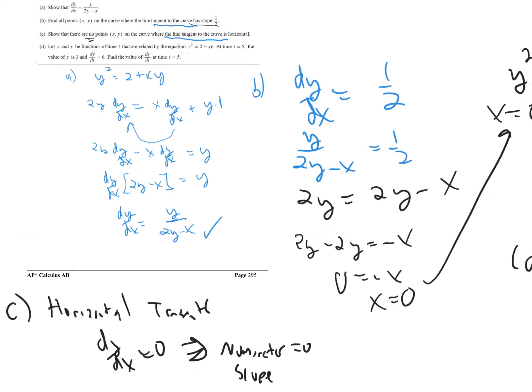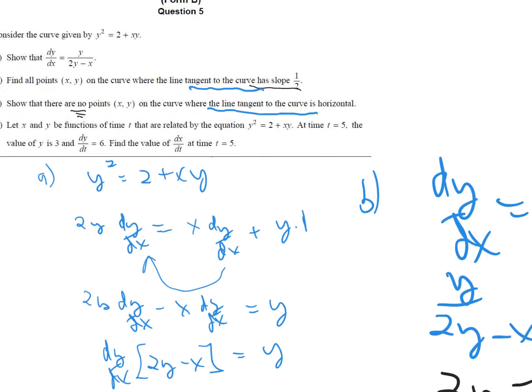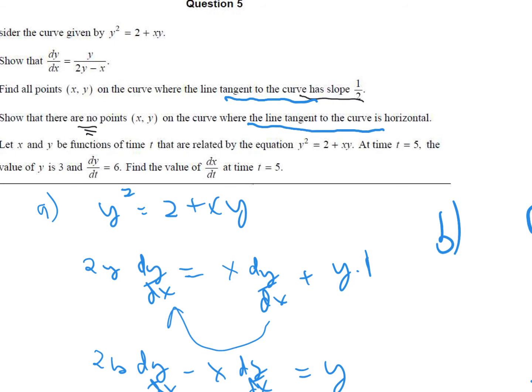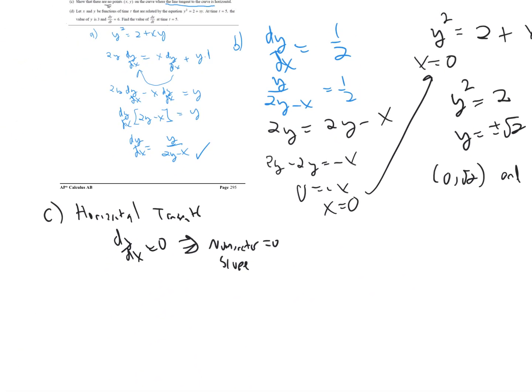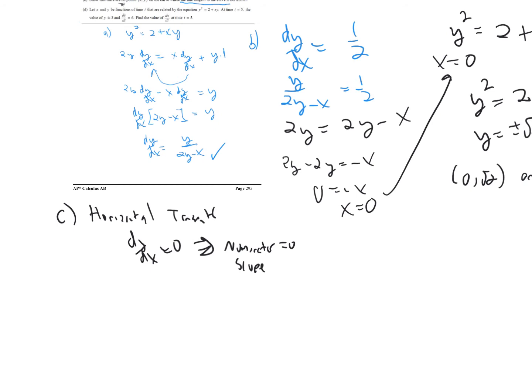Since my slope, dy/dx, again was y over 2y minus x, if I set that whole thing equal to 0, you can see that the denominator cancels out. So that's why we say y would equal 0.